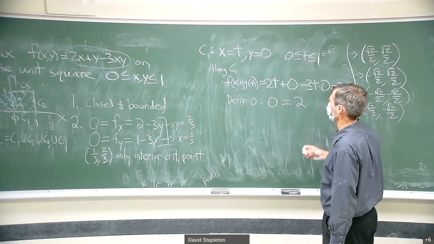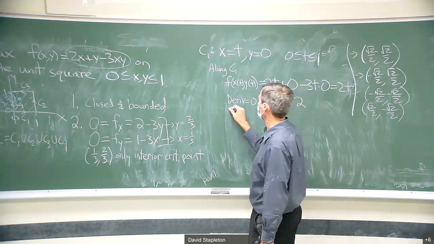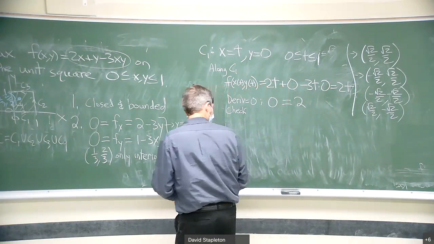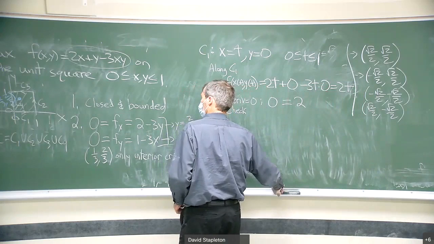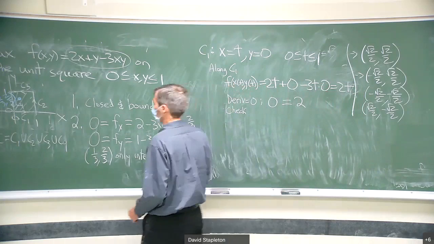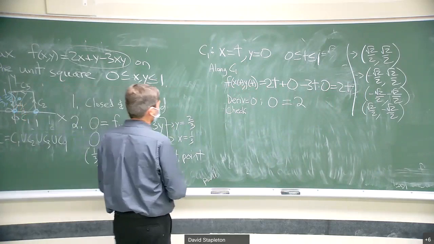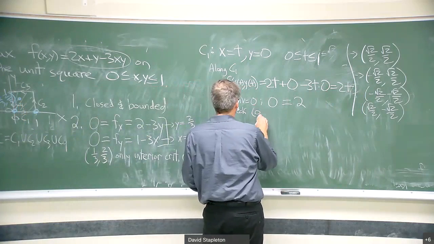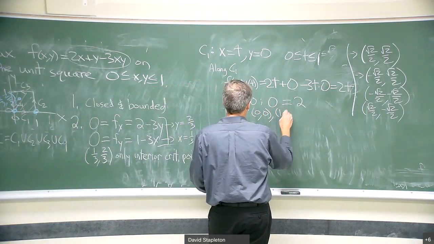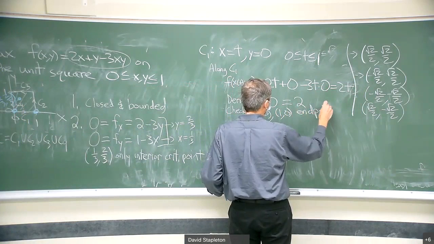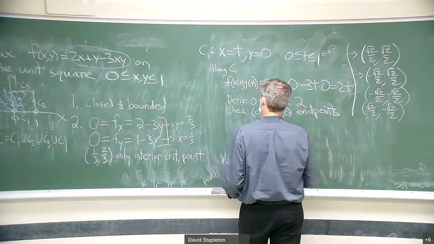So you just have to check the endpoints. I have to check the two bottom corners of the square here. Check 0, 0 and 1, 0, the endpoints only, because there was no interior critical point along the boundary.